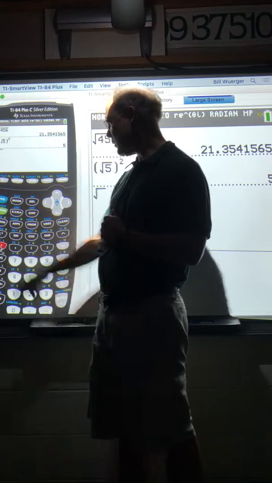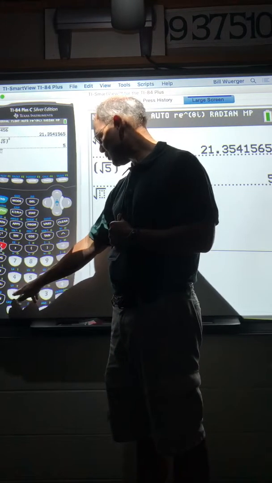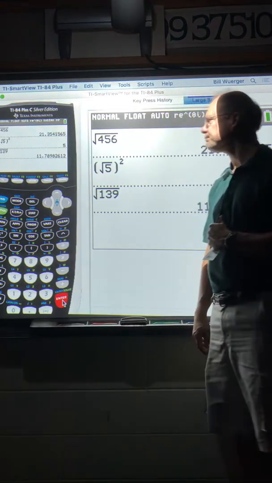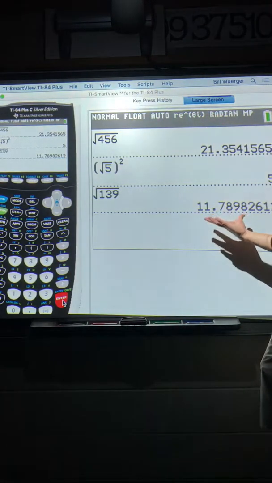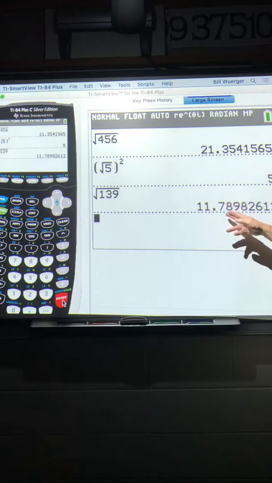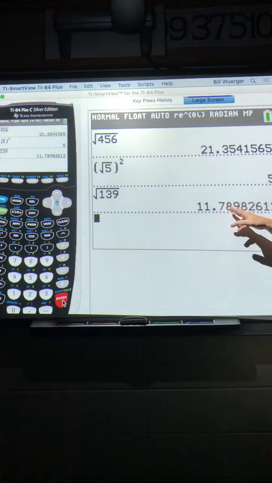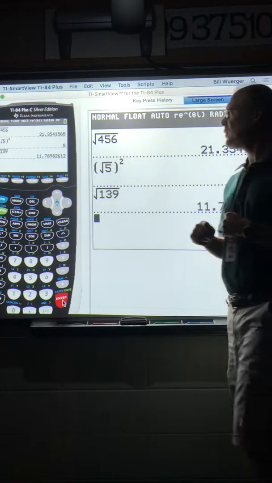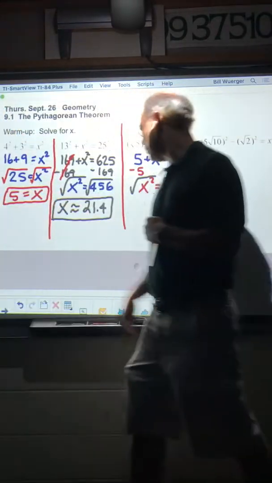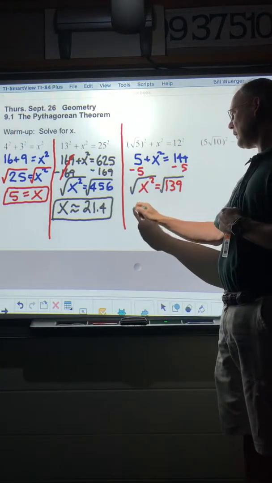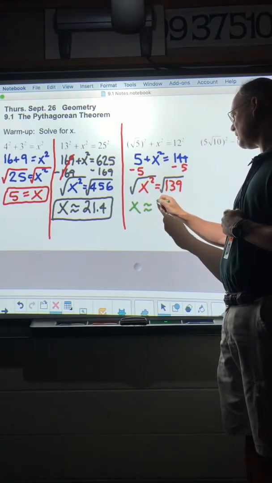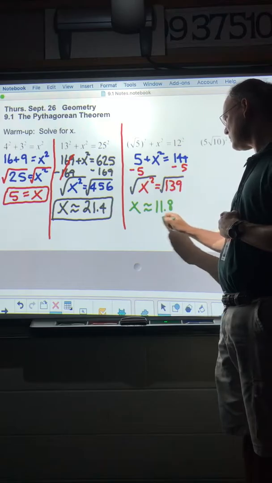Square root of 139. And again, if I round to the nearest tenth, so I've got 11.78. So that's closer to 11.8 than to 11.7, so we'll say x is approximately 11.8.